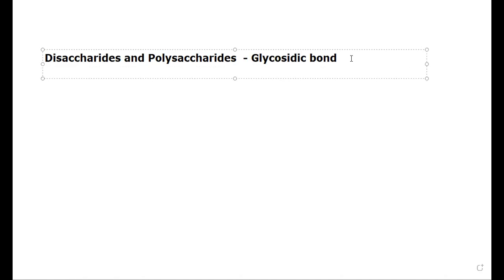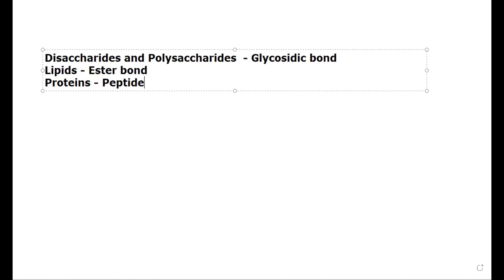If you take lipids, what is the type of the bond present in them? Ester bond, correct? If you take proteins, what kind of bond is present in them? Peptide bond.